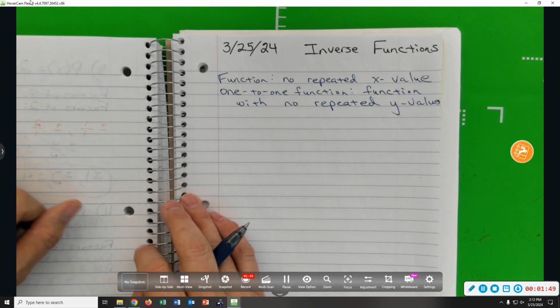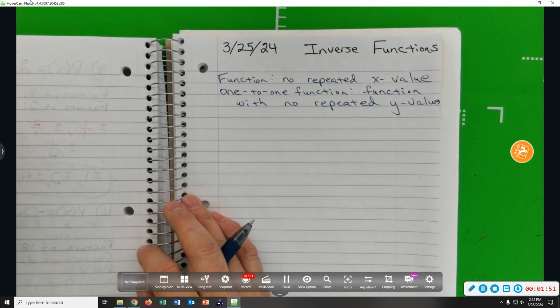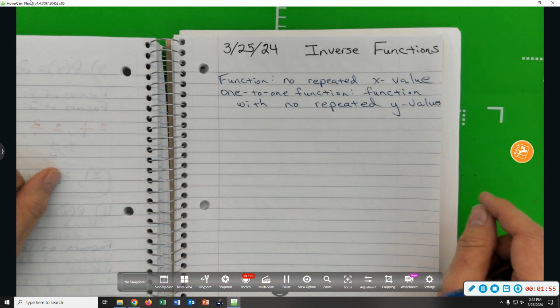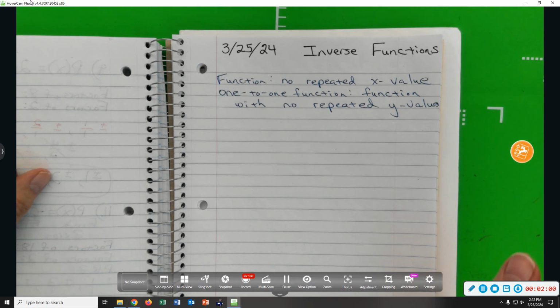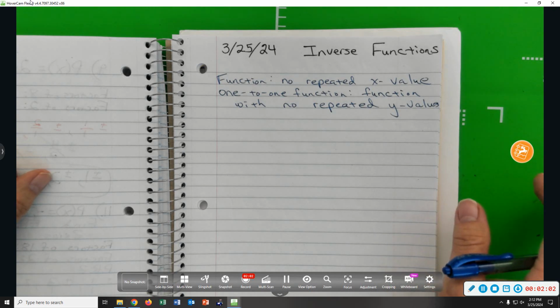It's easy to look at a function if it's just a list of ordered pairs. If you see the same y value twice, then it's not one-to-one. Well, how can we tell if a graph of a function is one-to-one?